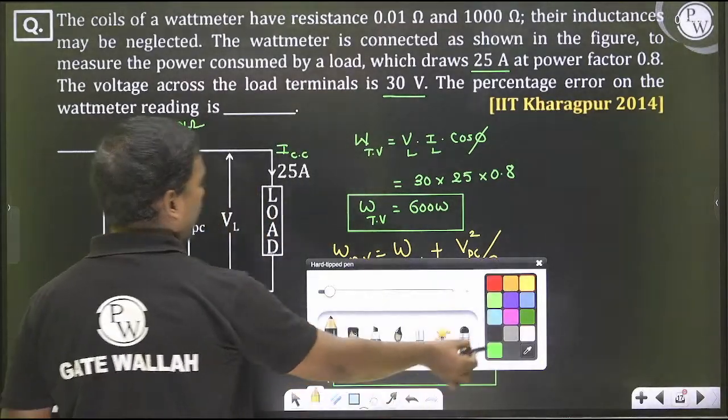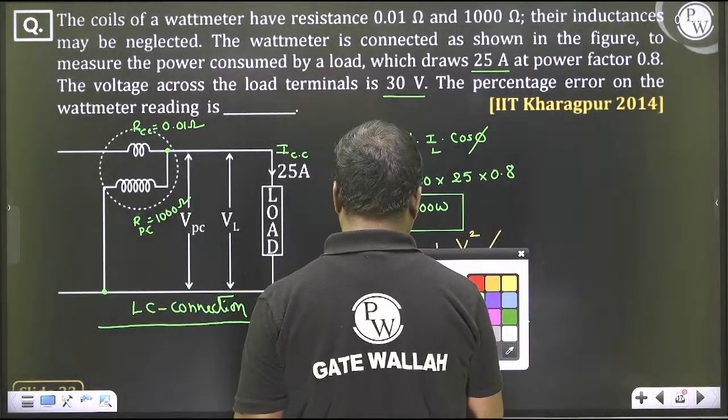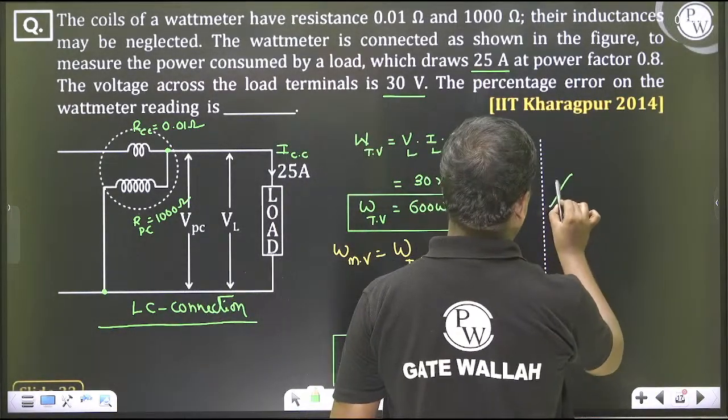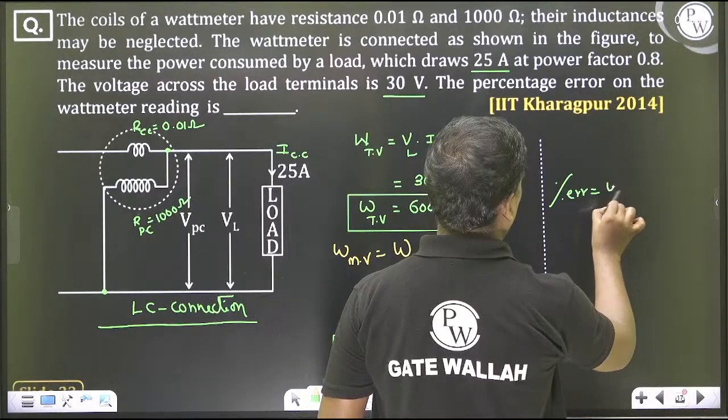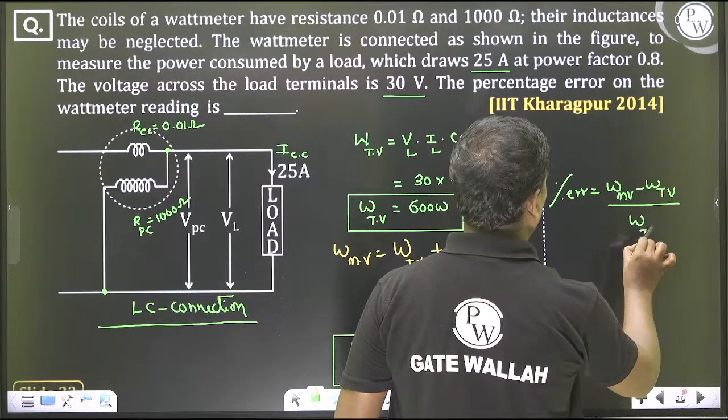So we have to go for the percentage error. Measurement value minus true value by true value.